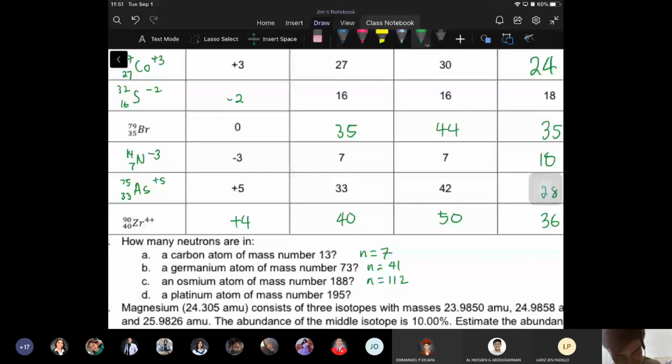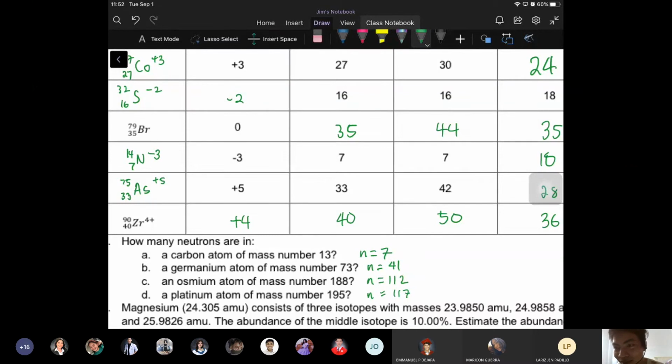Letter D. Atomic number niya is 78 po. Tama naman, 78 yung atomic number. And then the number of neutrons is 100. Sabi ni Maricon, 117 daw.